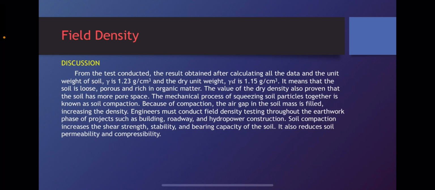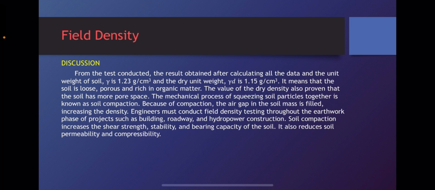For discussion, from the test conducted, the results obtained after calculating all the data: the unit weight of soil, gamma, is 1.23 gram per centimeter cube, and the dry unit weight, gamma d, is 1.15 gram per centimeter cube.